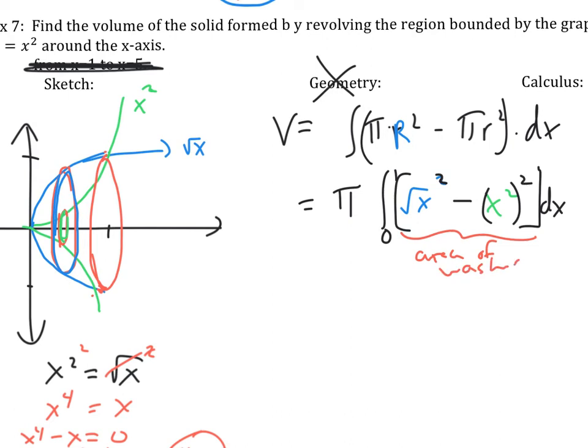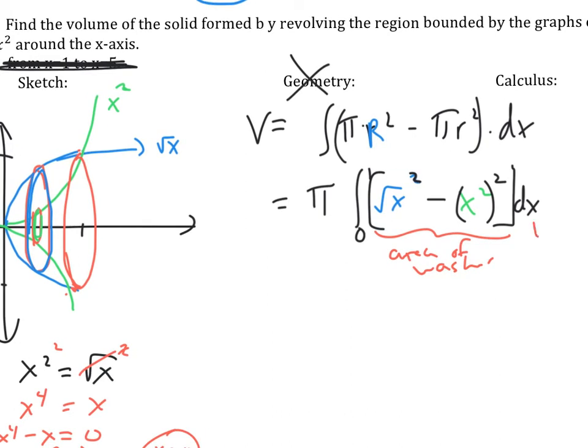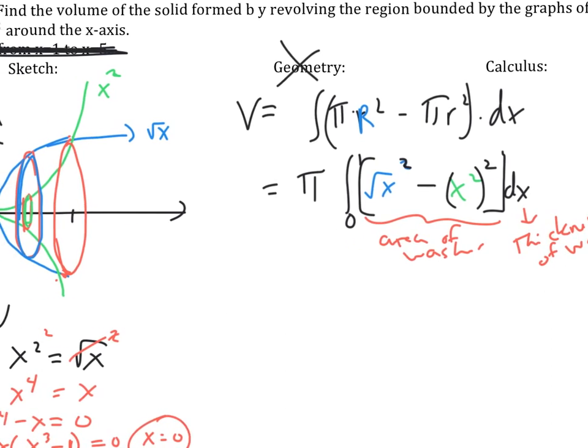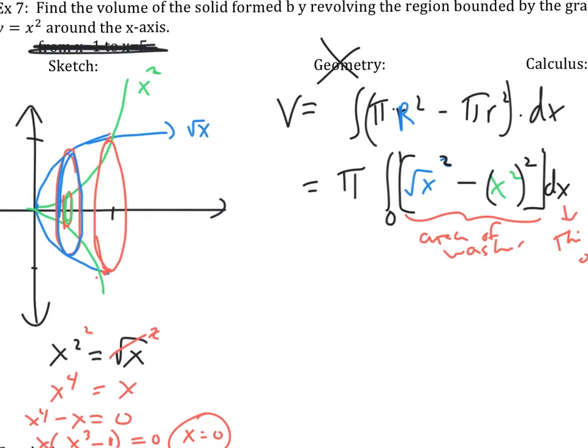And then my dx is really representing the thickness of the washer or the height of the cylinder. I'm finding the volume of one of those, adding up a whole bunch of them to get the volume of the entire solid. Okay?